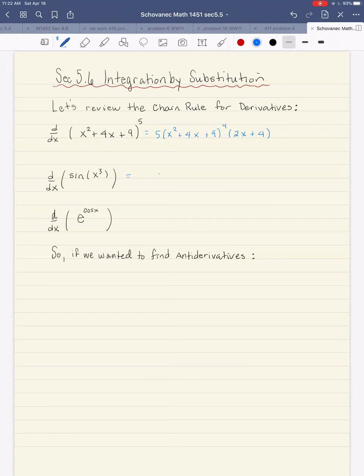Similarly for our trig functions, we take the derivative of the outside rule first. The derivative of the sine of x cubed gives us the cosine of x cubed, and then you multiply by the derivative of what's inside. For our exponential function, the derivative of e to a power is itself times the derivative of the power.